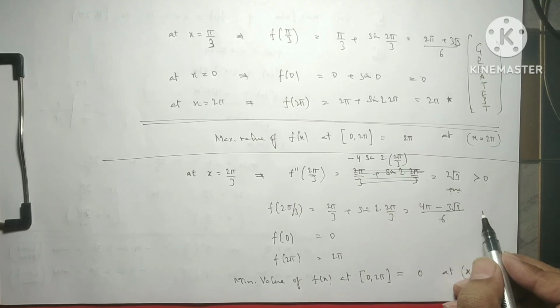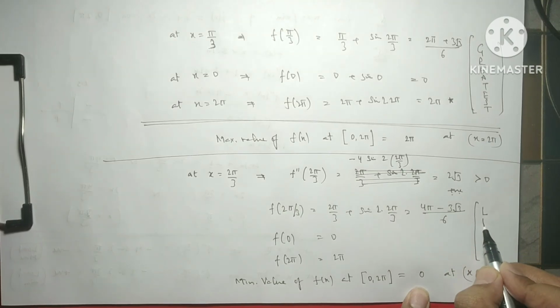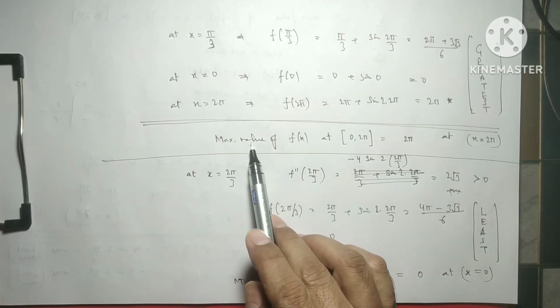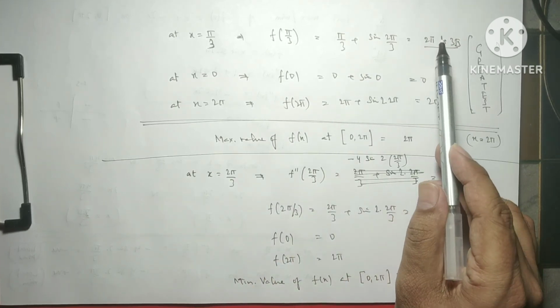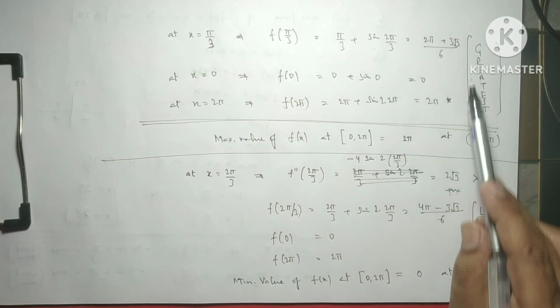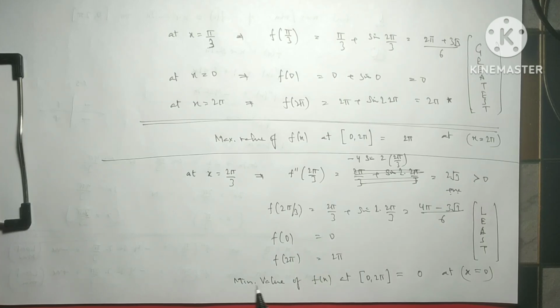So this way, when you collect the maximum value, among these values we will collect the greatest number. But for the minimum value, we will collect the least value.